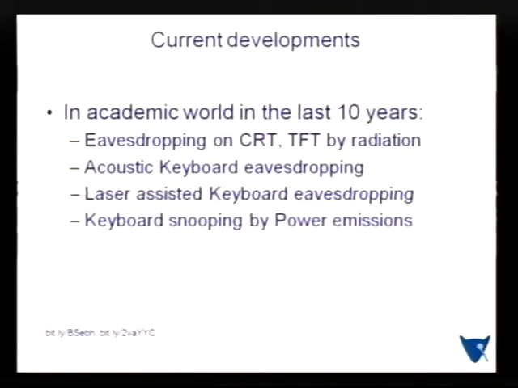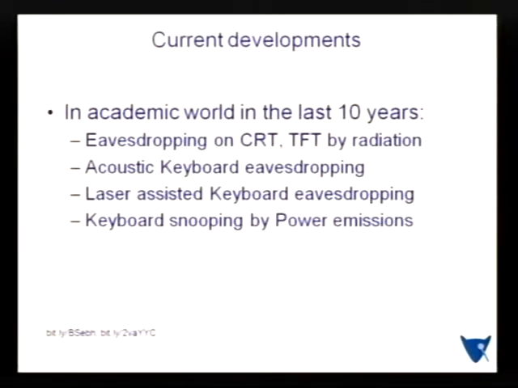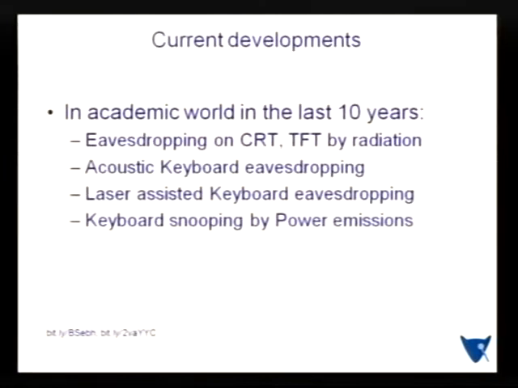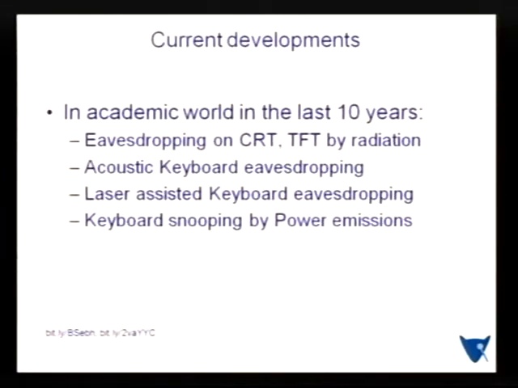But also a different kind of Tempest, namely listening to a keyboard using microphones from a distance, and as every key has a different tone when you listen from a distance, you can use that sound information, it's also radiation, to gather the information about what somebody's typing.